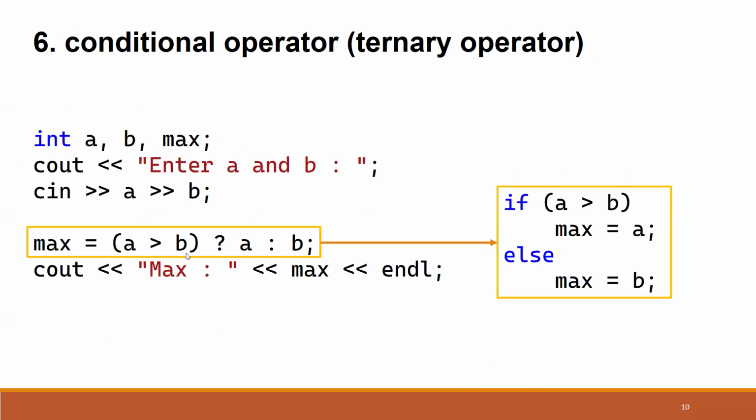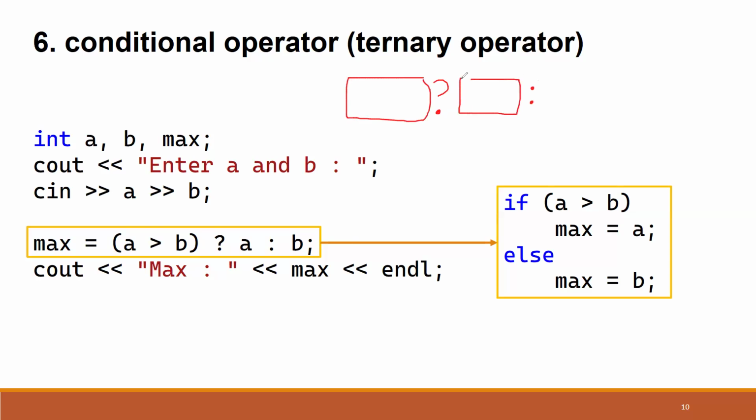And conditional operator, do you remember that? There are 3 kinds of conditional statements. One is the if statement, the second is the switch statement, and this is the conditional operator. It is also called the ternary operator. This is an example of the ternary operator. You must have a question mark and colon, and you should provide three parts.